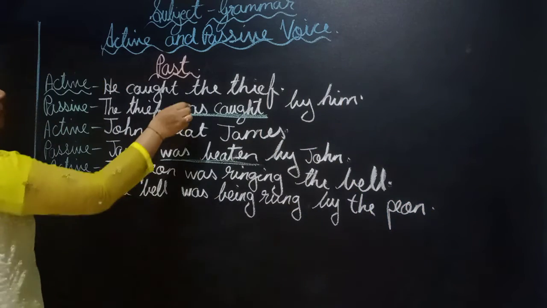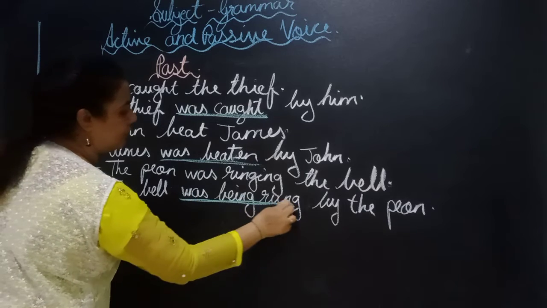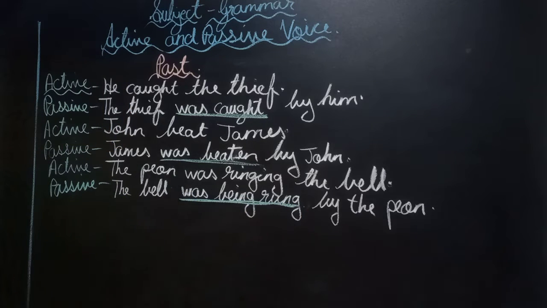Two simple forms I have shown you. One continuous form I have shown you. Now, do one more. Continuous. They were throwing stones at the birds.